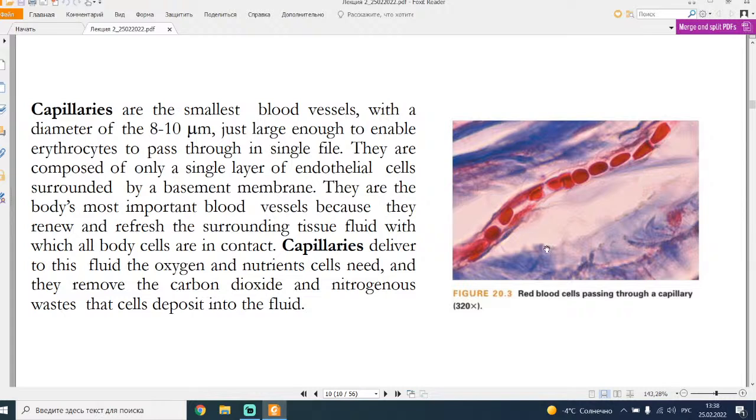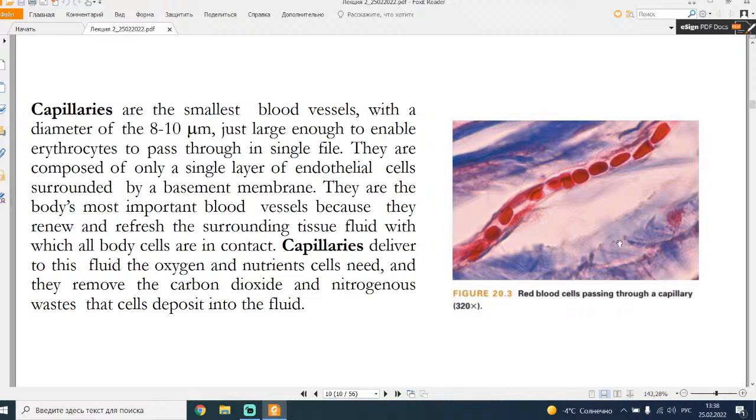They are the body's most important blood vessels because they renew and refresh the surrounding tissue fluid with which all body cells are in contact.